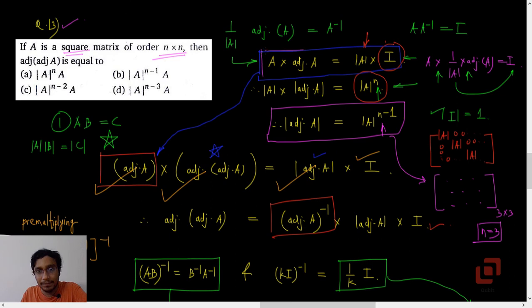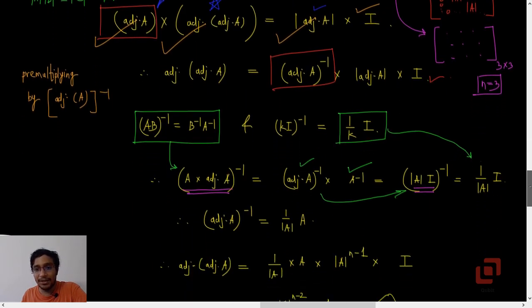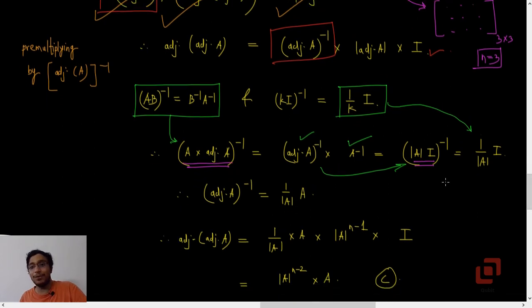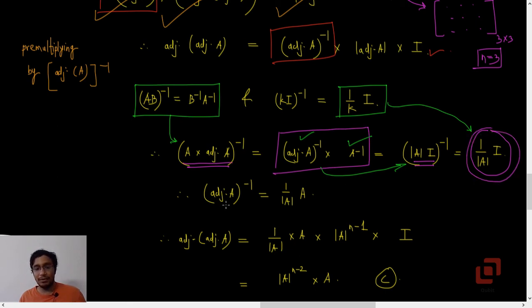So A into adjoint A's inverse is 1 upon determinant of A into identity matrix. If we consider this and that, that will give us adjoint A's inverse. Just multiply by A. So it's 1 upon determinant of A into A.